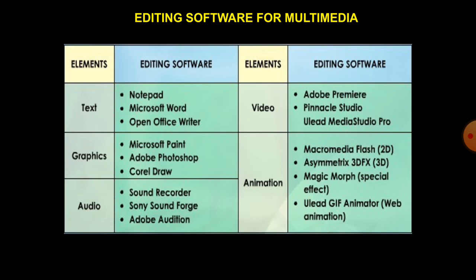Previously I have told that it will take extension as .txt. And next Microsoft Word, it will take the extension of .docx or .doc. And next we are having another software known as OpenOffice Writer. So these are the 3 editing softwares for the element text.